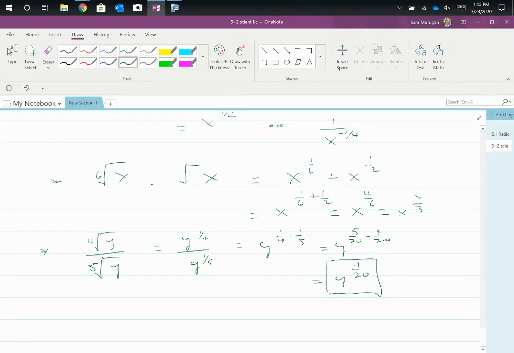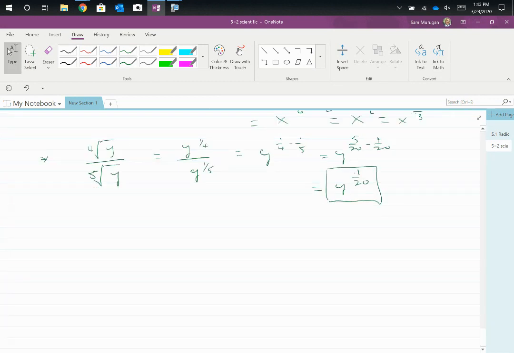All right, now other types of problems. So here I've got y to the power 5 over 9 times, in brackets, y to the power 2 over 9 minus 7y to the power 3 over 9.